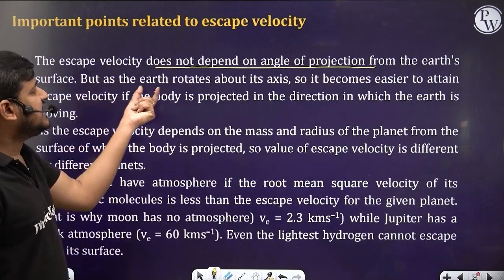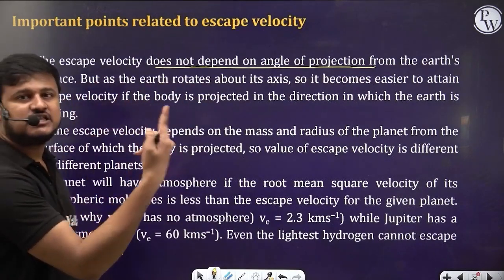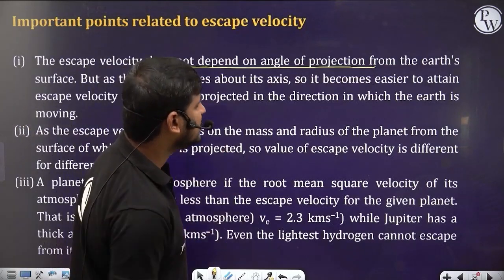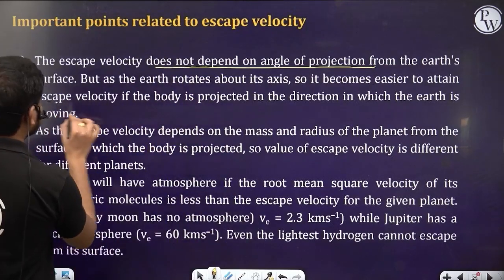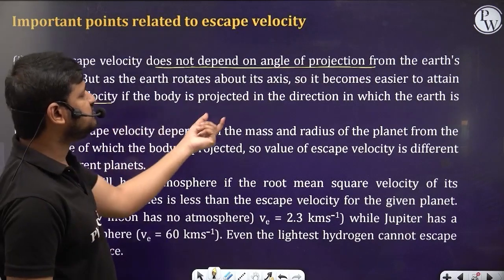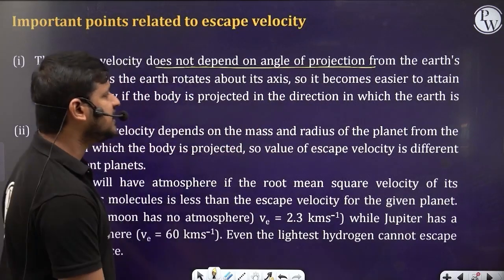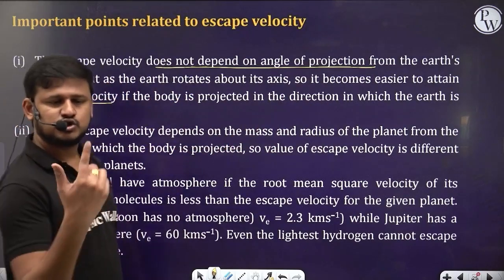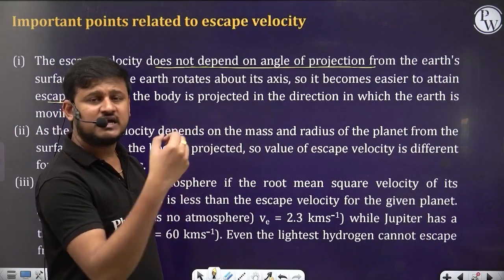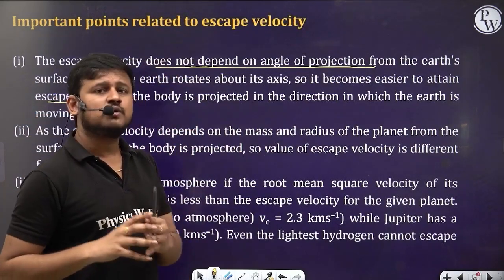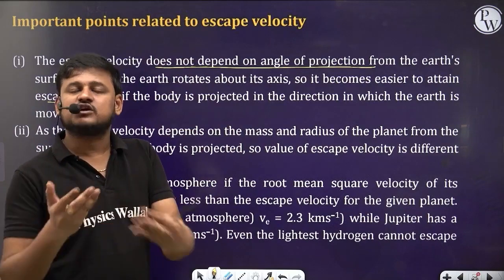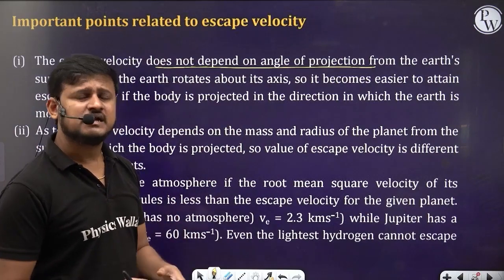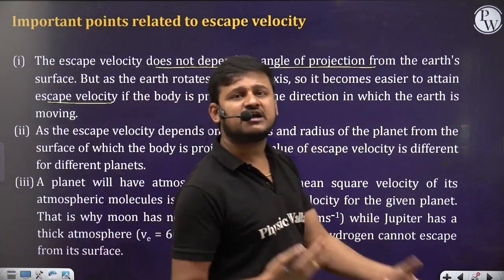But as the Earth rotates about its axis, it becomes easier to attain escape velocity if the body is projected in the direction in which the Earth is moving. If you throw in the direction in which the Earth is moving, you can attain the escape velocity easily. But it does not depend on the angle of projection.